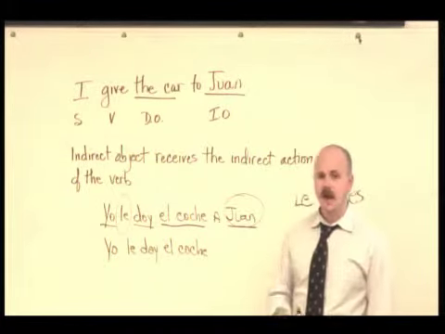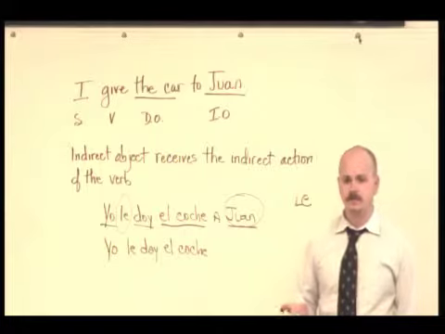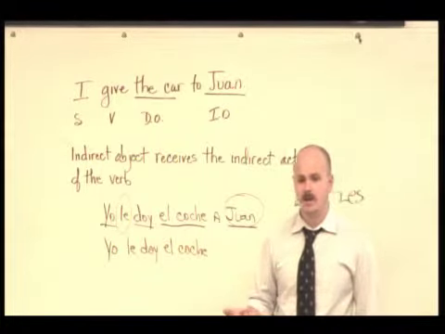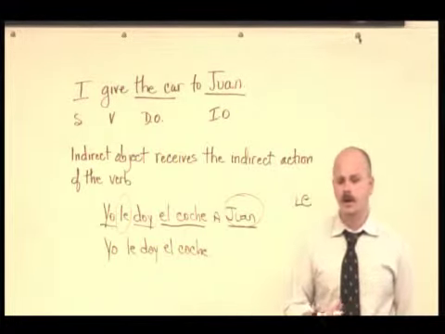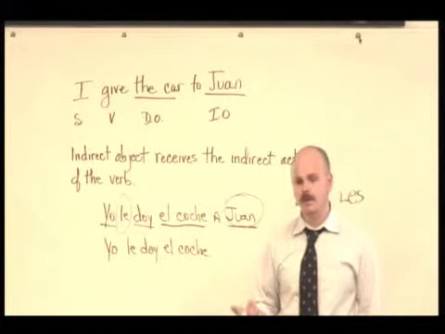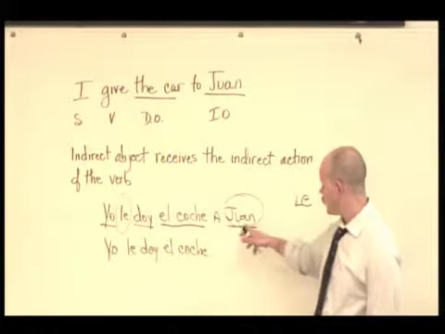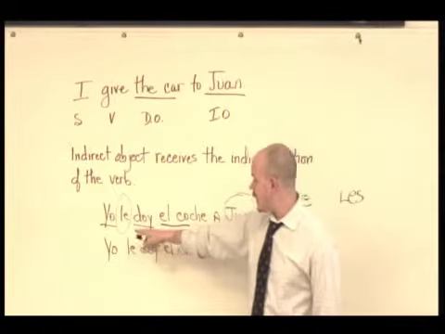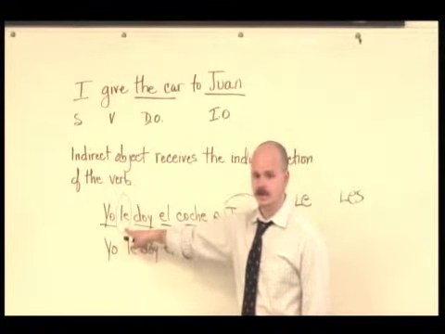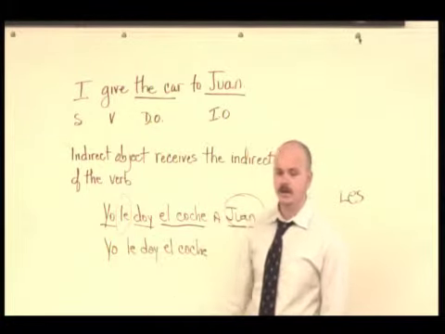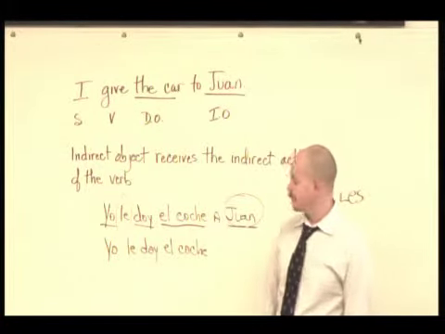If a sentence has an indirect object, meaning I give it to him, I borrow it from her, I offer it to them, if there is an indirect object in the sentence, such as Juan, we must have an indirect object pronoun in the sentence as well. And it is redundant, but it's just the way that it's done.